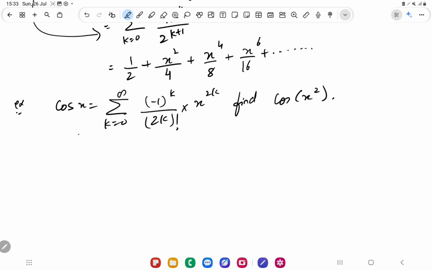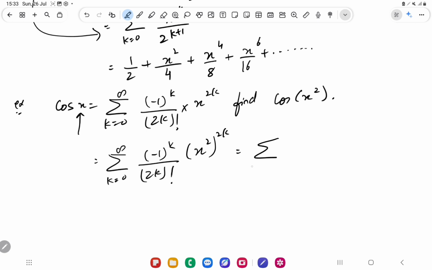So here also, instead of x I will replace x square. So I can write the above expansion as, this is a constant, so this we will write as it is. My x will be replaced by x square, so this will become 2k. Again the summation will be the same. The constant I will copy as it is, so this will be x to the power 4k.